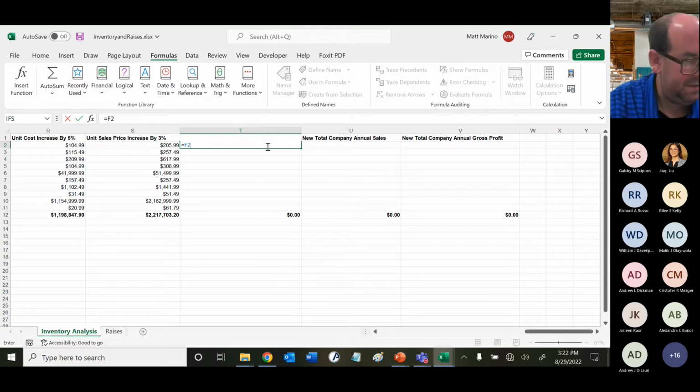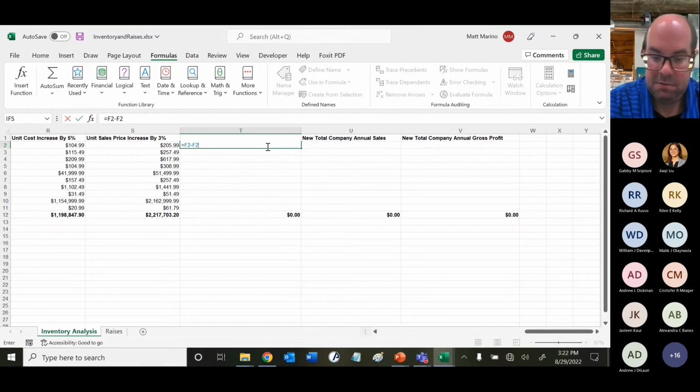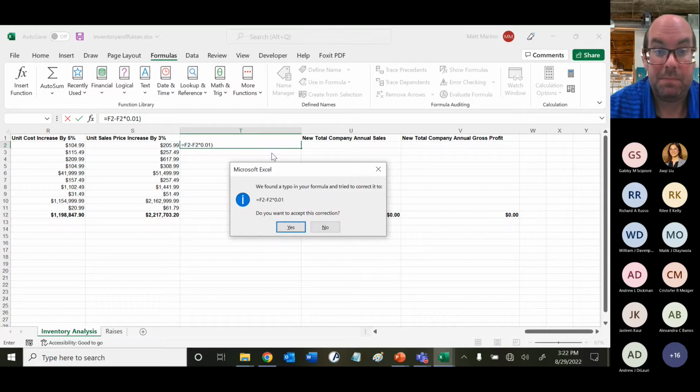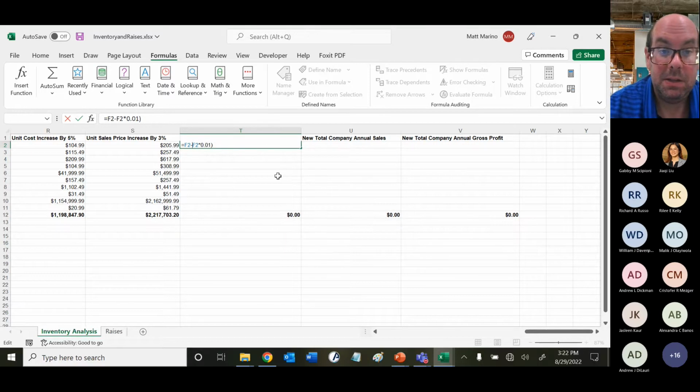Or you could do F2 minus F2 times 0.01. Make sure you have your parentheses if you do that.